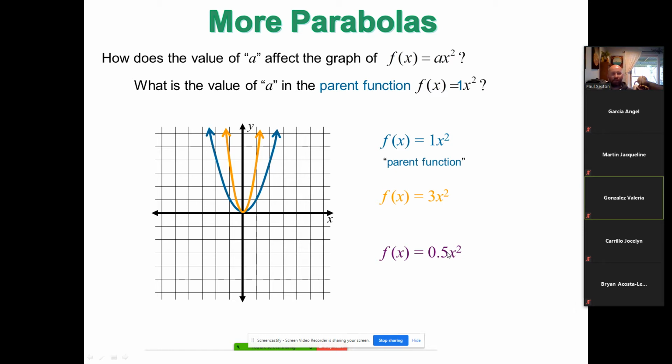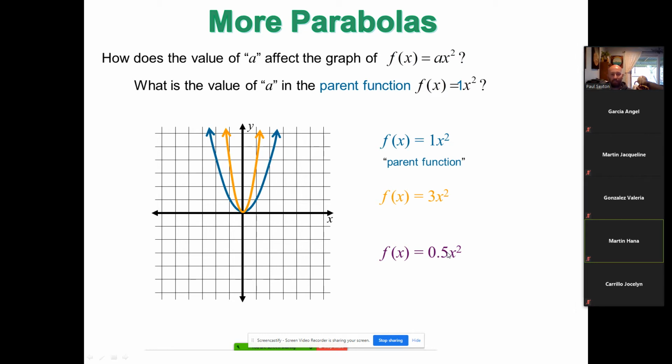So what do you think 0.5x squared is going to look like compared to 1x squared? Any ideas? More skinny? Oh, so you think it's going to get ultra skinny?